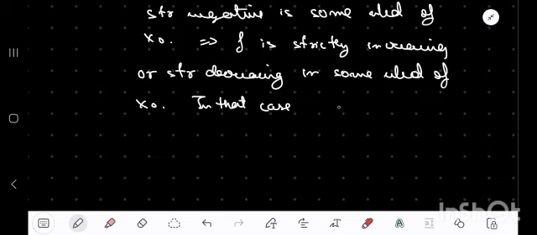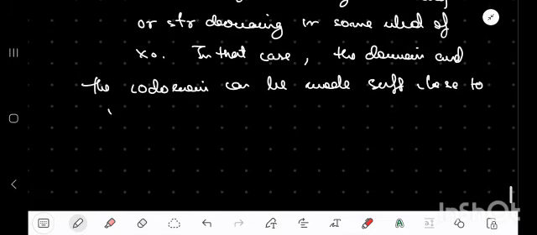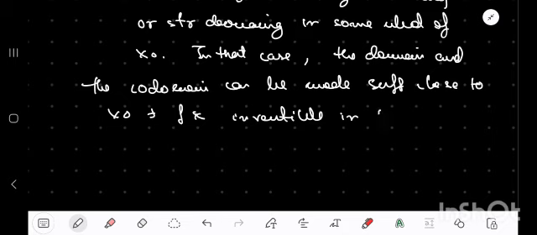Okay. So in that case, the domain and the codomain can be made sufficiently close to x naught such that f is invertible in these neighborhoods. Fine.